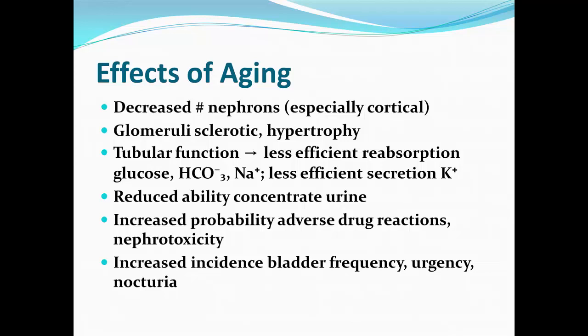If we look at plumbing just by itself, we talked about the effects of prostatic hypertrophy in the male, but we also know that as we get older, we tend to lose muscle tone. As a result, there is an increased incidence of bladder frequency, urgency, and nocturia. What's very important, though, is that incontinence is not a normal variant of aging. Incontinence should always be investigated because it may be the first sign of a urinary tract infection.